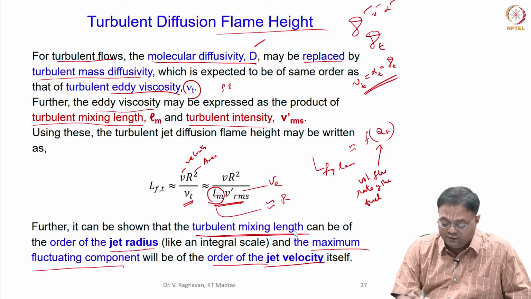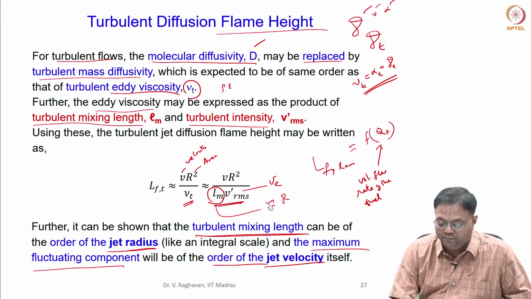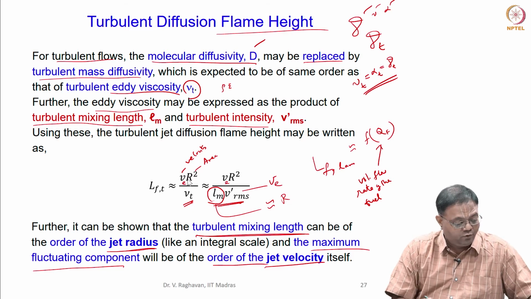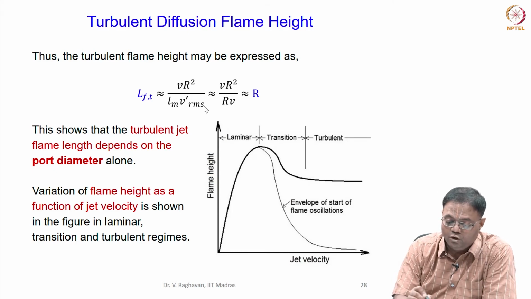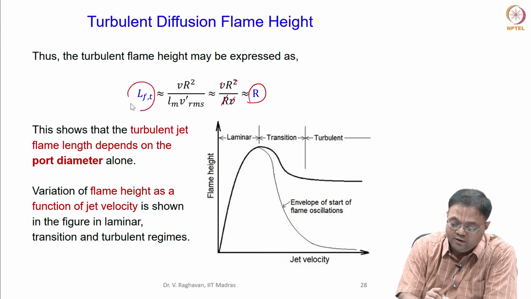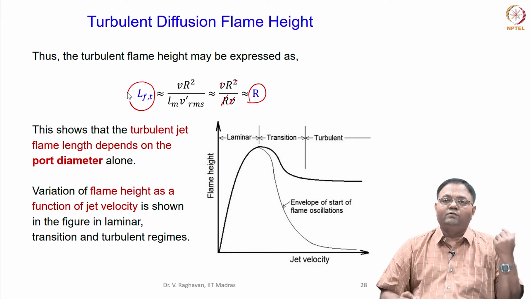The turbulent mixing length can be of order of jet radius. So I can replace Lm by r and V dash RMS by VE. This is also VE, please understand. When I do that, I substitute VE, so this and this cancel and I get R. That means the turbulent flame height will depend only on the port radius. That is what we have also seen there.